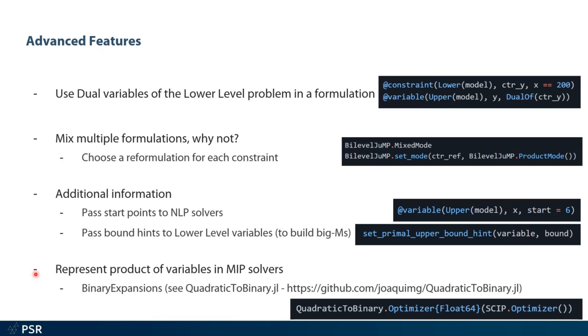Last but not least is the ability to represent products of variables in mixed integer programming solvers. For that, we need to do binary expansions that can be done using an auxiliary package known as QuadraticBinary.jl.